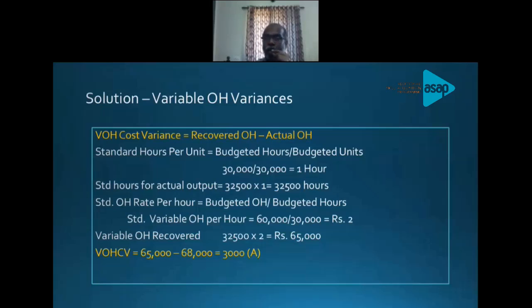Remember, 32,500 here represents 32,500 hours, that is the standard hours for actual output. For 1 hour, the variable cost is 2. So variable overhead recovered is 32,500 into 2, that is 65,000. It is simple. Don't worry about it.